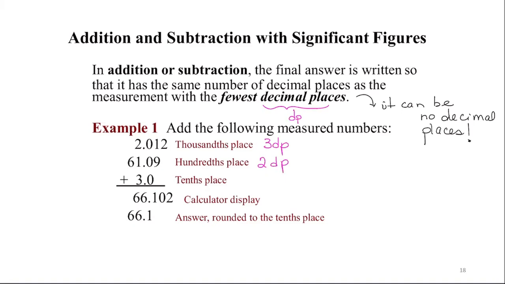The last value has 1 decimal place. So we are going to add all of these values and put them in the calculator. As you can see, calculators don't have the concept of sig figs. You plug in numbers, and it gives you a calculator display.